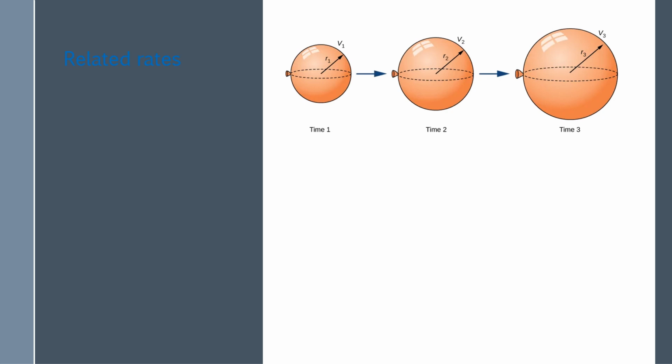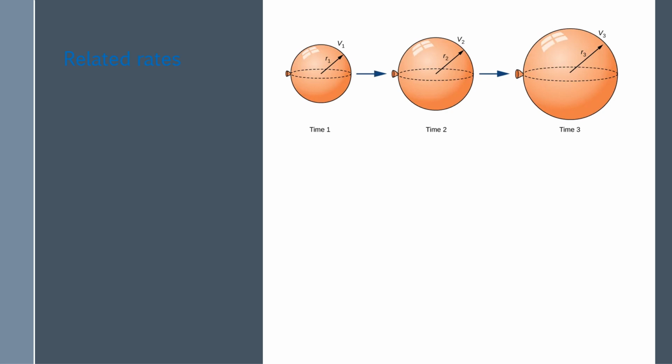Now we also have two quantities that characterize this balloon. We have the radius that's marked by R1 at time 1, R2 at time 2, and R3 at time 3. And we also have the volume, so the amount of space taken by the balloon, that's also marked on the picture by V1, V2, and V3.